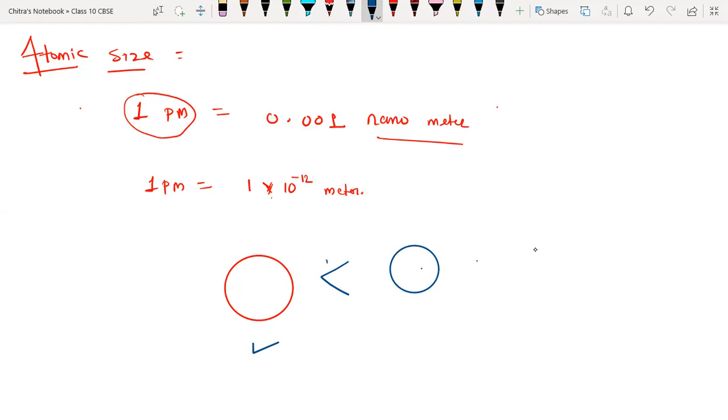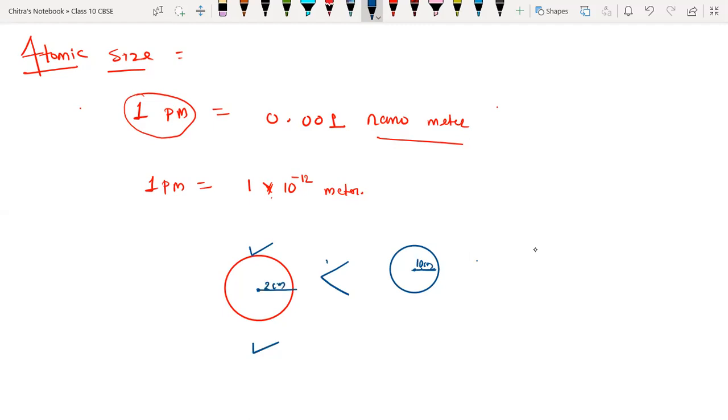Because we don't know the radius. Probably this red one is closer to us, that's why it appears large, and the blue one is very far from us, but it is quite large compared to the red one. Possibility is there. So on the basis of their radius, suppose here we have 10 centimeter and here only 2 centimeter.